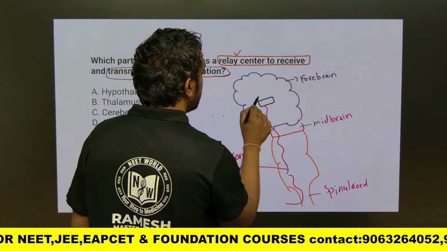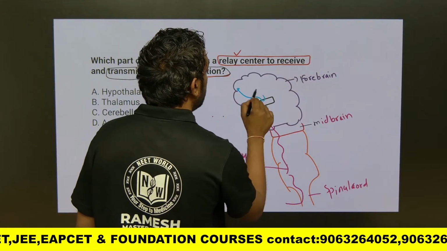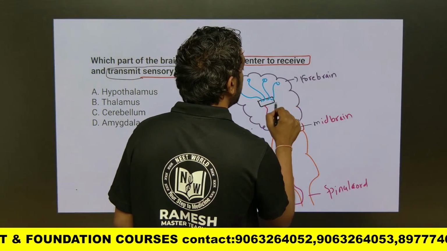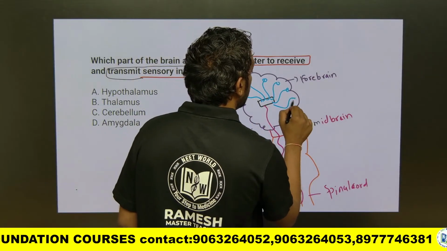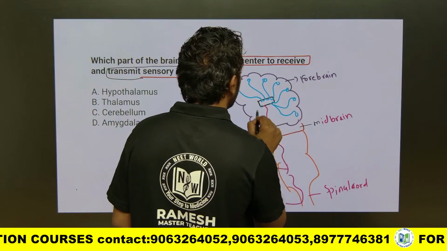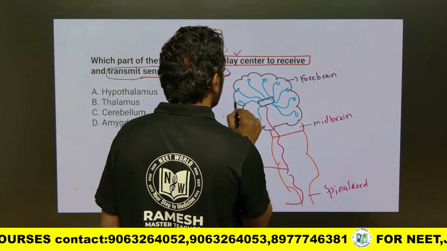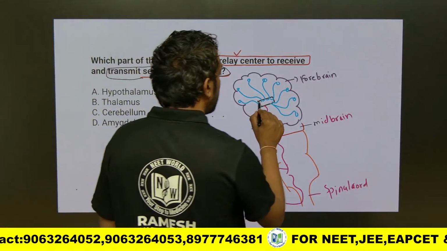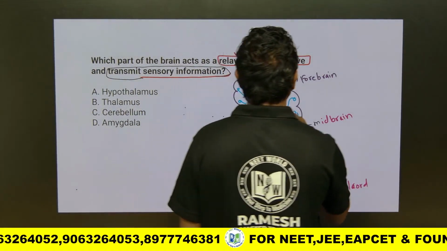These signals reach the cerebral cortex, whichever part has to receive that signal. This center is the relay center.